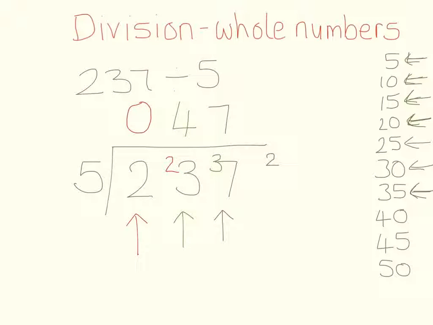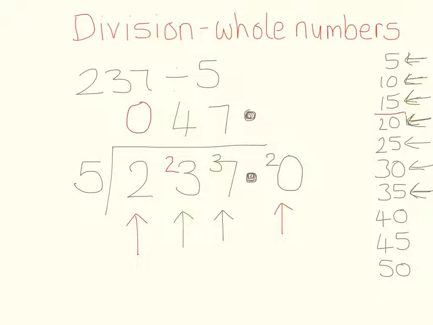I know now that I've come to the end of my whole numbers because 7 was my units, so therefore now my decimal needs to be put in. I also need to wake the first decimal column up. Then I'm going to say this number is 20.